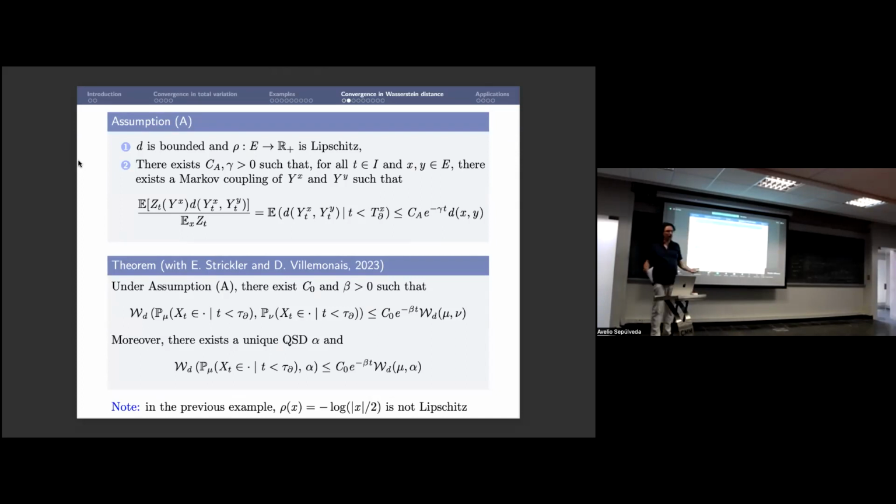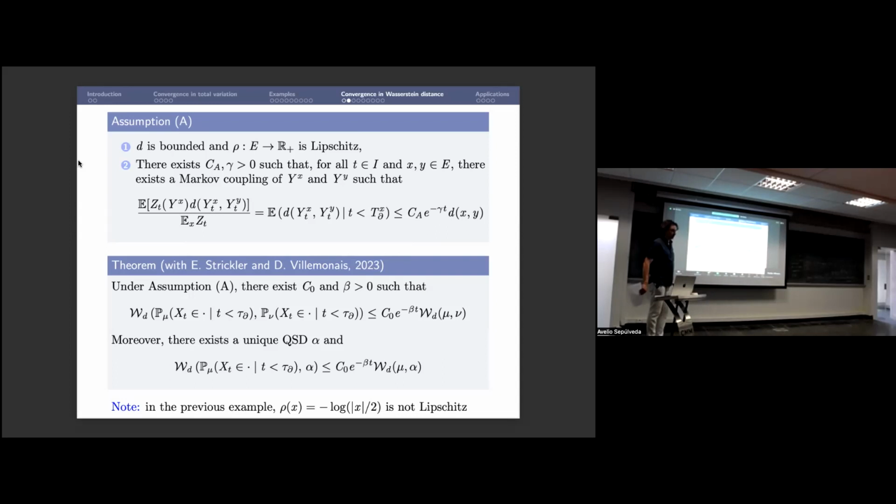So in some sense, I'm considering processes on some compact set. You may think of that because it makes things much simpler. And what is important is that the function rho, so the killing rate in continuous time and the logarithm of the survival probability in the discrete time, both need to be Lipschitz for this distance D. So this is expected, actually.